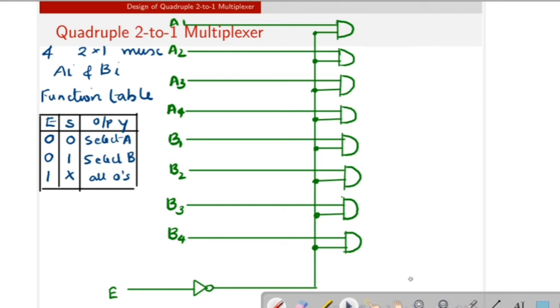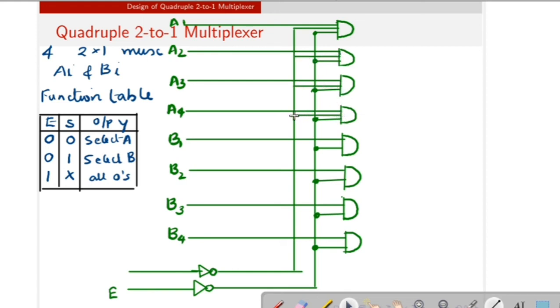Then next we have to draw the selection line. When the selection line is equal to 0, we can complement the selection line. Then when the selection line is equal to 0, it selects A. So the complemented output of the selection line is given to A1, A2, A3 and A4. Darken the points.